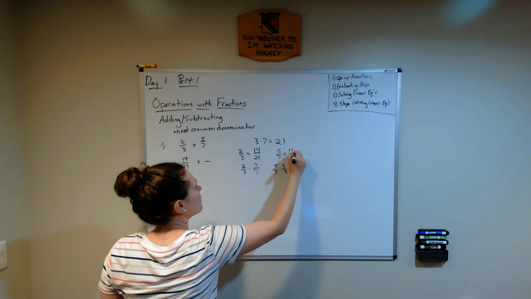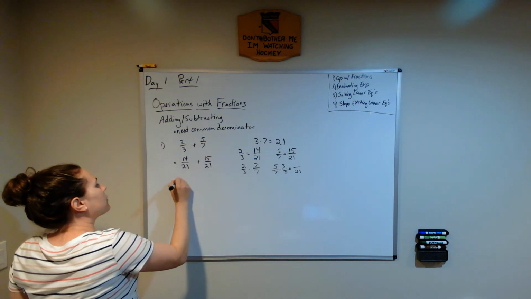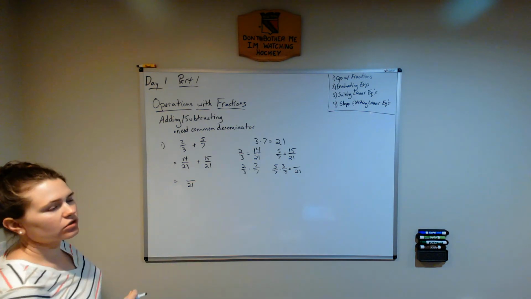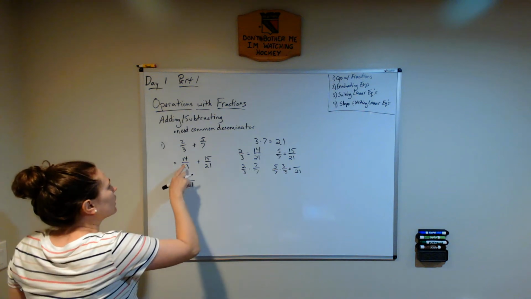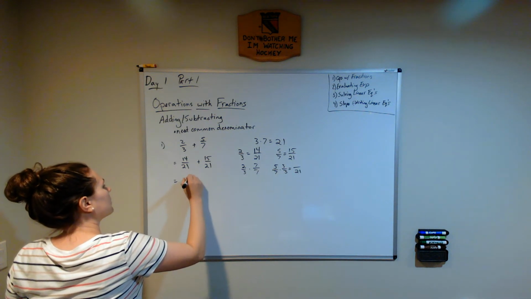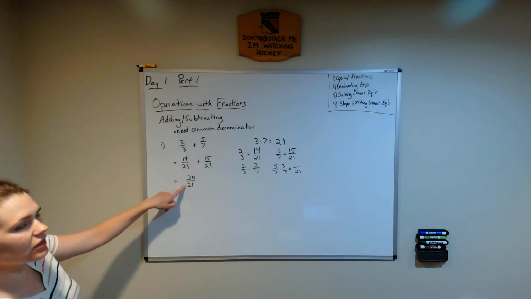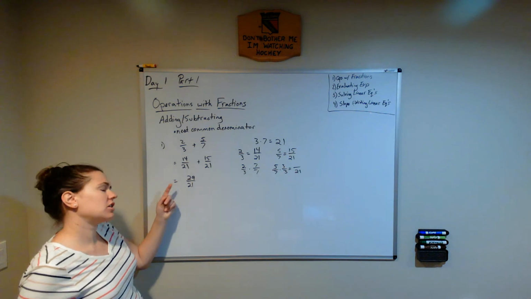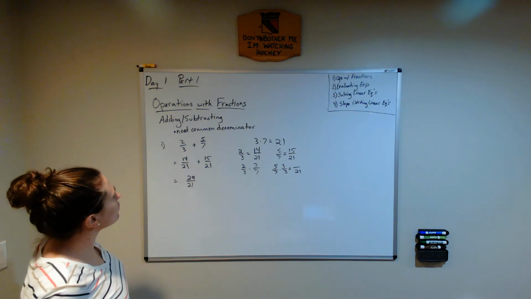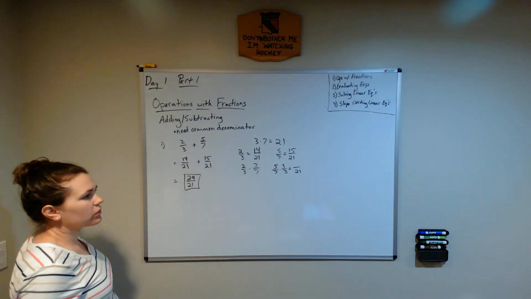So that's going to be 15. And now when you add, okay, denominator stays 21, okay, and 14 plus 15 puts us at 29. And you check, can you simplify this fraction? You can simplify this fraction if there is a common factor between the numerator and the denominator. There are no common factors, so number 1 is 29/21.